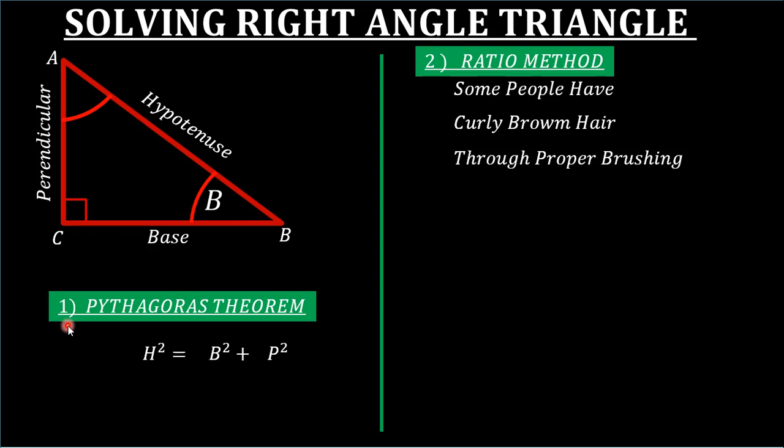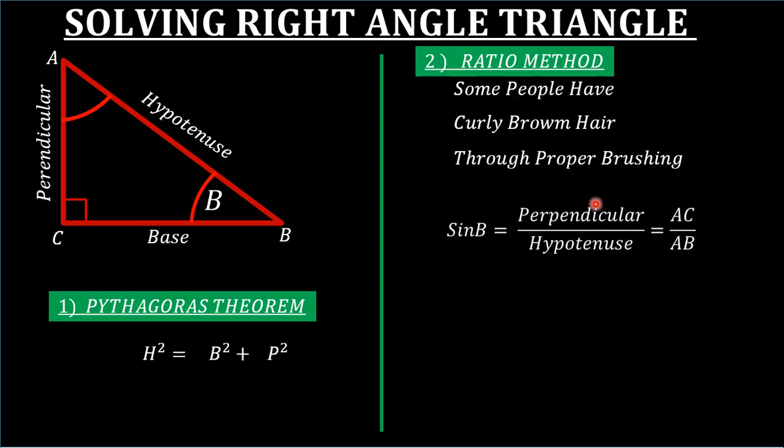In the first sentence, S stands for sine, P stands for perpendicular, and H stands for hypotenuse. So students, the ratio of sine B will be equal to the perpendicular over hypotenuse, meaning AC over AB.